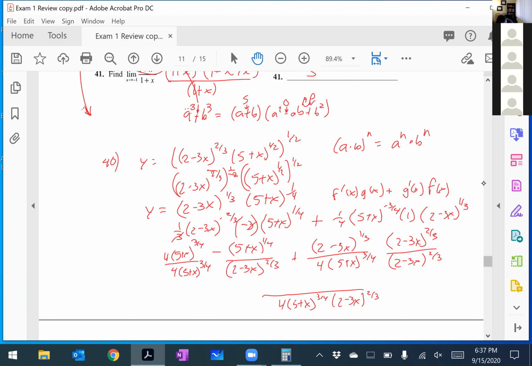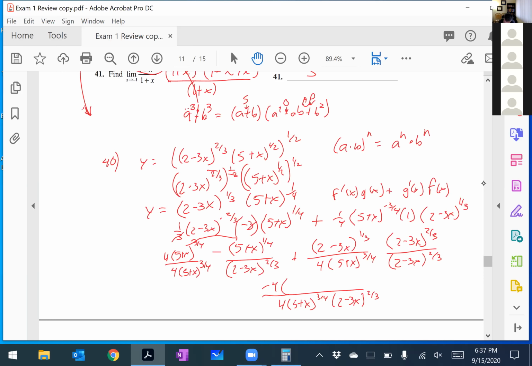Notice that the 3/4 and the 1/4, what do they add up to? They add up to 1, right? So this just becomes negative 4 times 5 plus x. Plus, that's why I did this. What does this add up to? 1/3 and 2/3 add up to 1 as well.